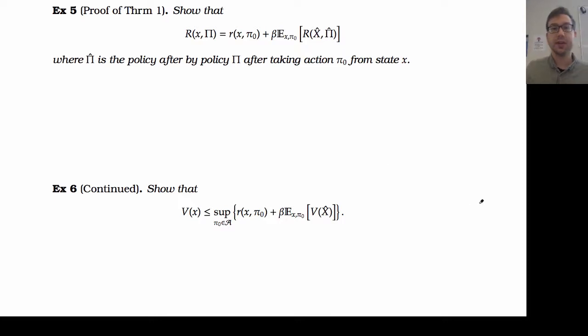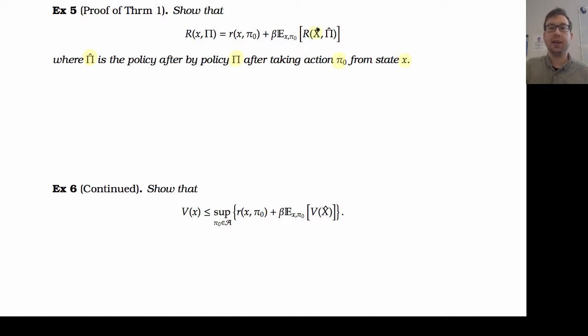So first part. Show that r of x of pi is equal to the first reward, x of pi 0, plus beta r of x hat pi hat, where pi hat here is the policy that is taken by pi after taking its first action from state x.